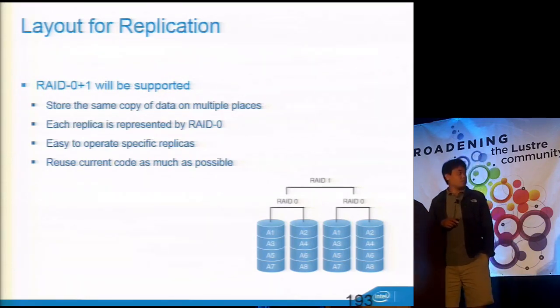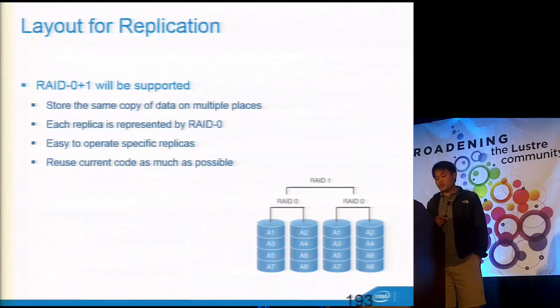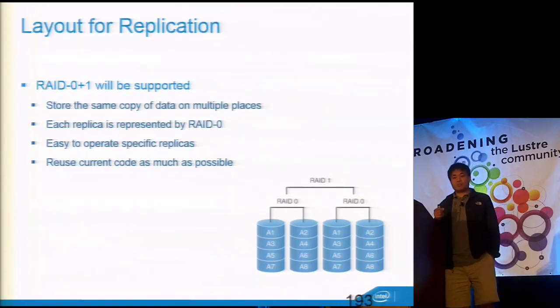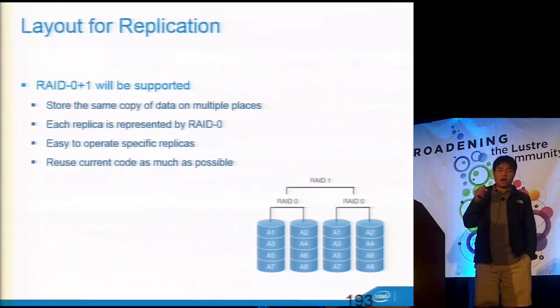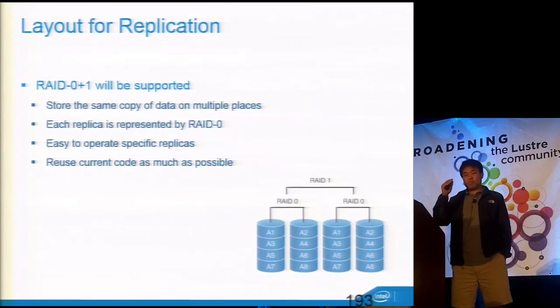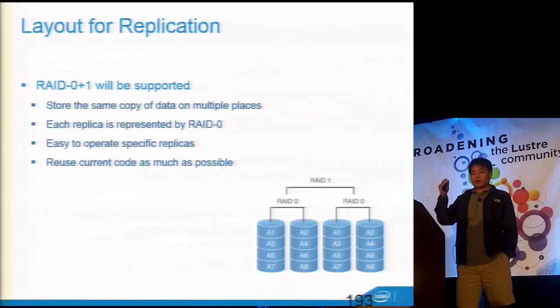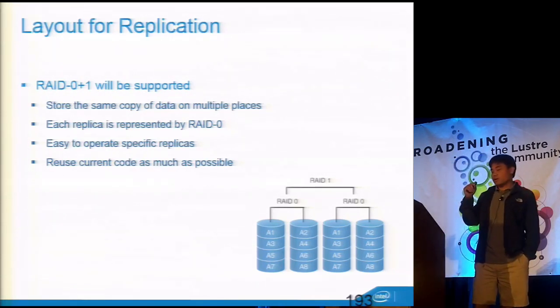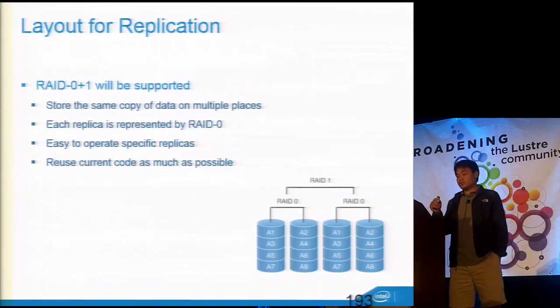Okay, so for the data layout for replication, we're going to invent RAID 0 plus 1 for replication. So essentially, we're going to store multiple copies of the same data in the cluster, just replicated multiple times, and each copy of data is called a replica. Each replica can be represented by an individual RAID 0, right?